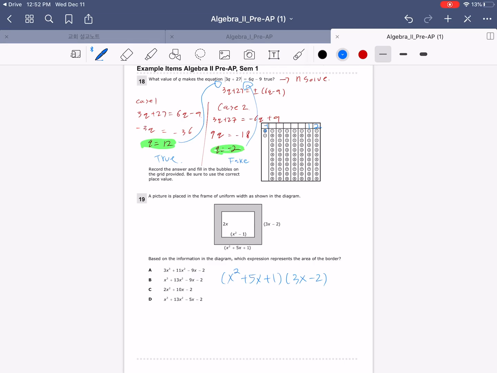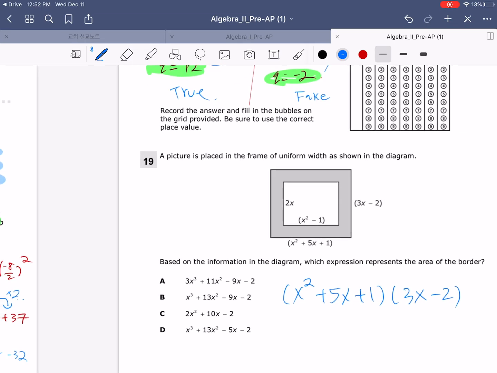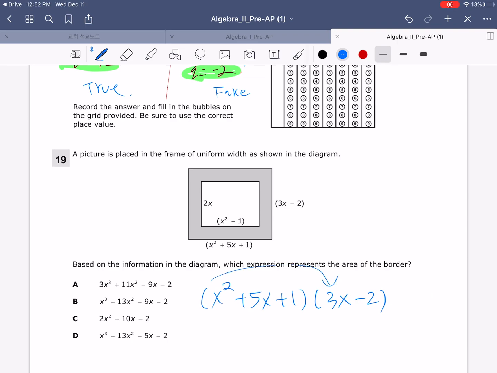Let me do it here. So x times 3x is 3x cubed. x squared times negative 2 is negative 2x squared. 5x times 3x is 15x squared.